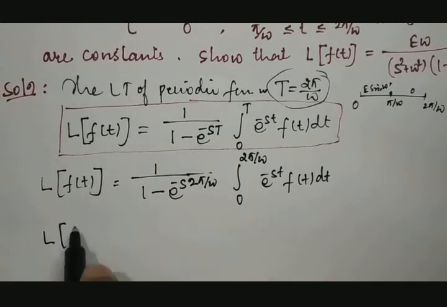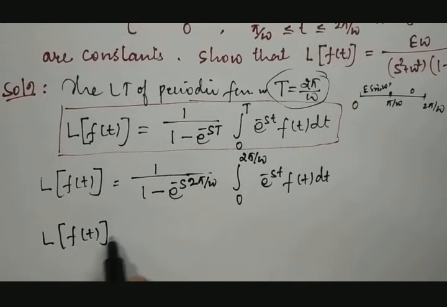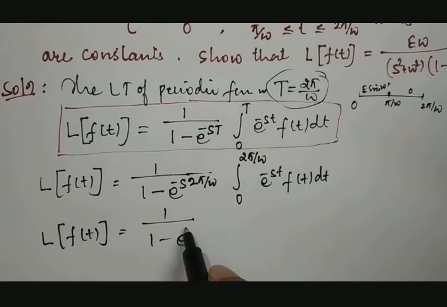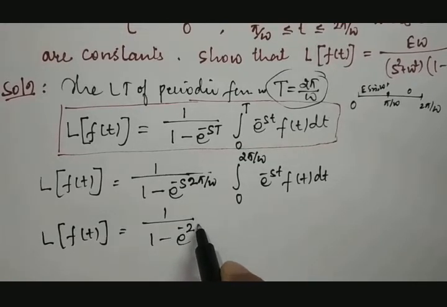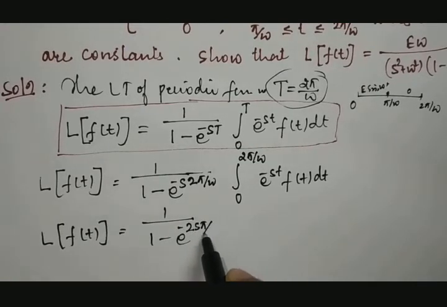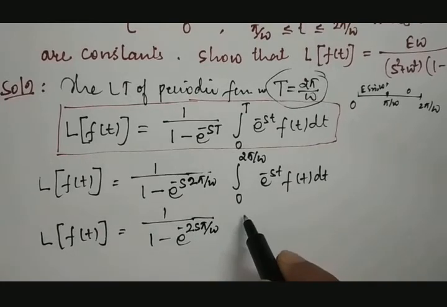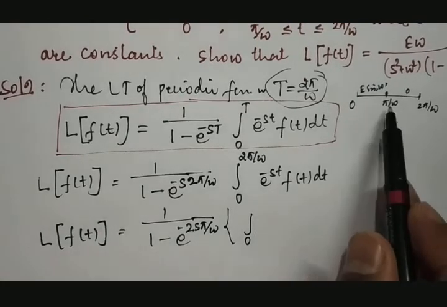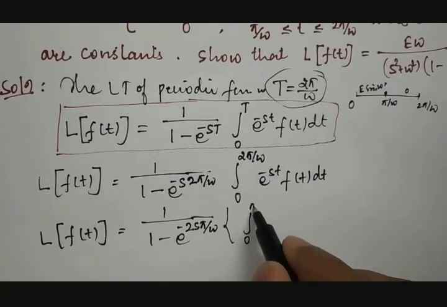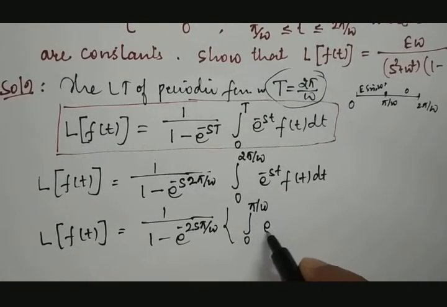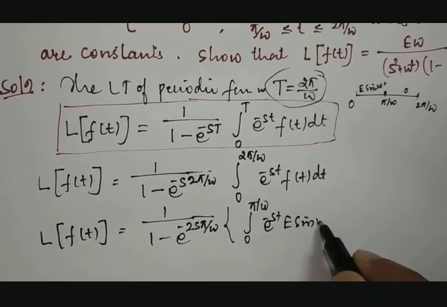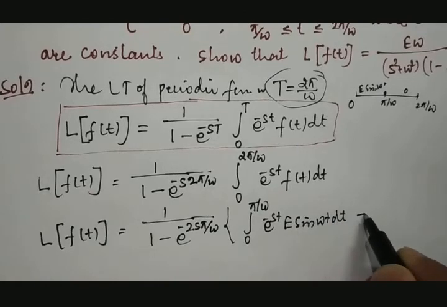First, the Laplace transformation of f of t is equal to 1 divided by 1 minus e raised to minus 2 s pi divided by omega, into the integration between 0 to pi by omega of e raised to minus st into f of t, where f of t is equal to e into sine omega t, with respect to t.